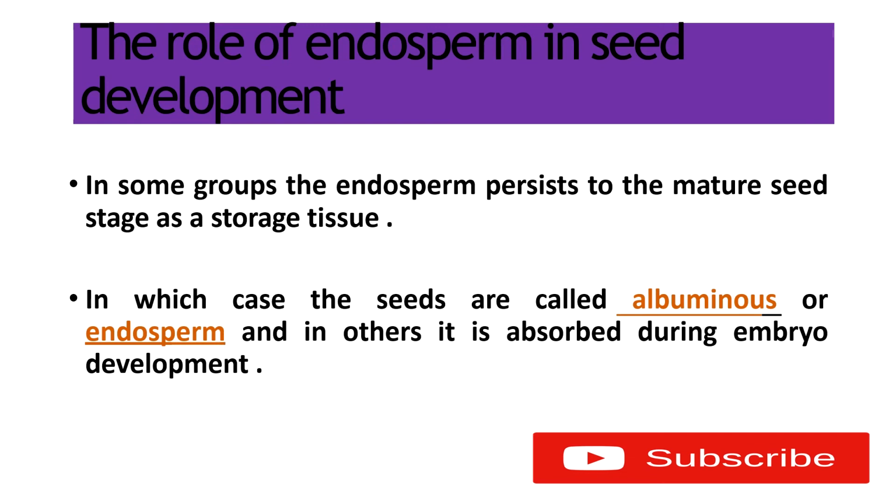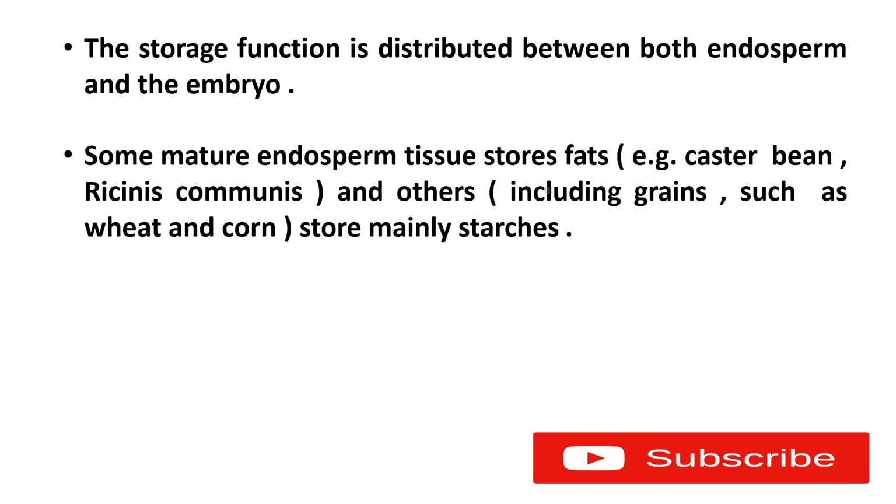Ex-albuminous means the endosperm is devoid, or such nutritive tissue is absent in the seed, and when it persists, it is termed albuminous endosperm or albuminous seeds. The function is distributed between both the endosperm and the embryo, which means the developing zygote or developing embryo gets its nutrition from this endosperm.